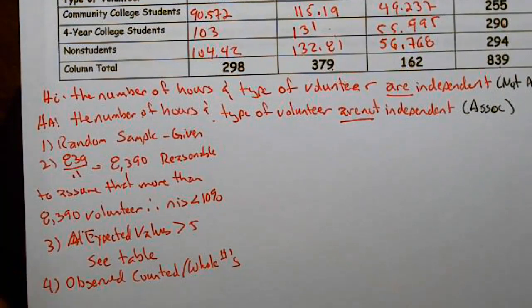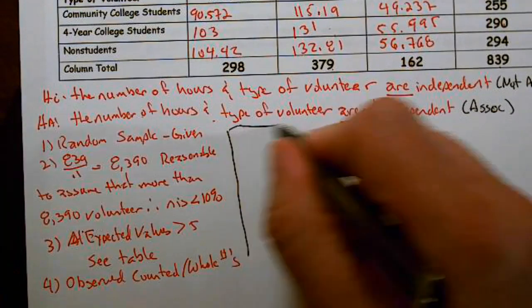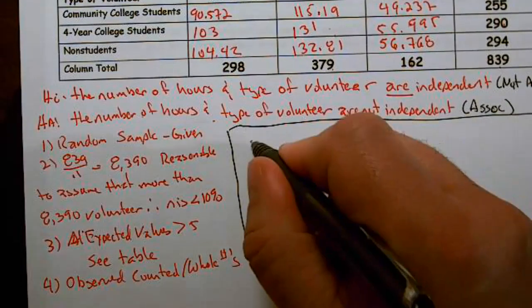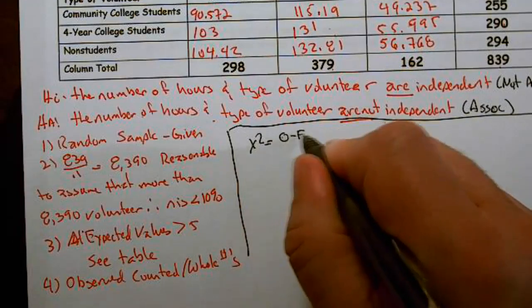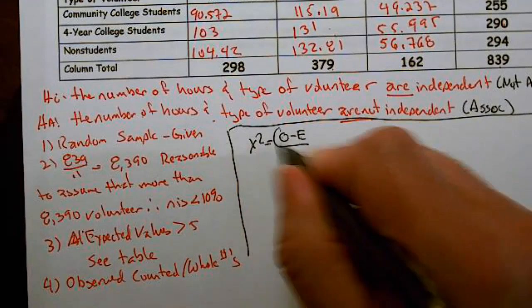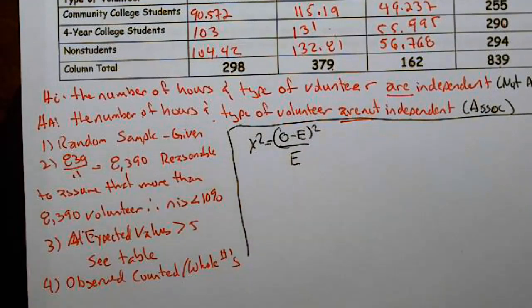Now the next thing we need to do is write our equation. And I'm changing colors to black so that it'll stand up against the red. So chi-squared equals observed minus expected squared over expected. And by the way, you never have to really name the test. You can just write the formula and you're good to go.